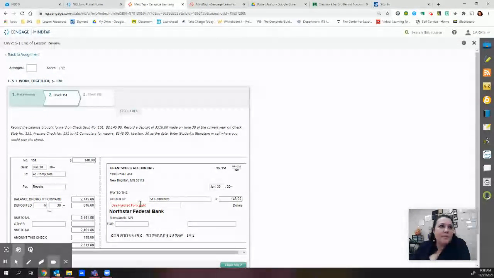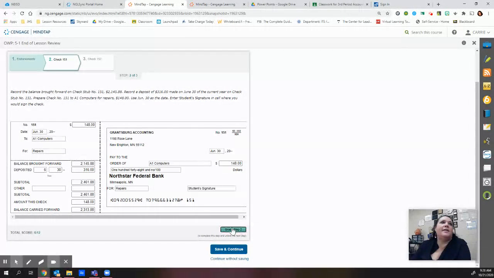Okay, guys, you have to put the dash between the 48, and no /100s. And it's for repairs. And then, of course, this would be student's signature. Whew. Okay, so grade step 2.